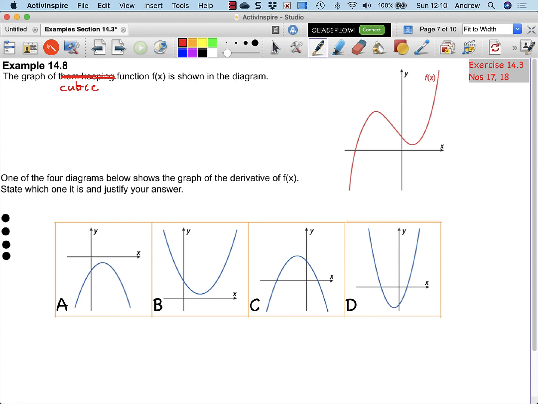All right then, one of the 4 diagrams below shows the graph of the differential of the above function. State which one it is and justify your answer.